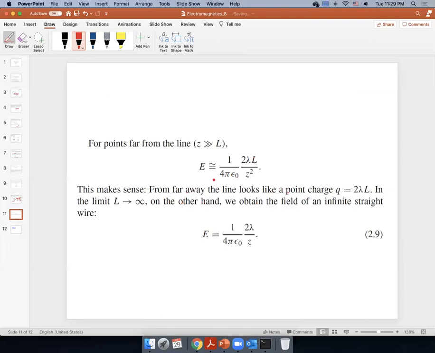And this equation looks like a point charge Q equals 2 lambda L, because 2 lambda L is the charge Q. So that means if your testing point is very far away from this line charge distribution, then the electric field looks like a point charge.